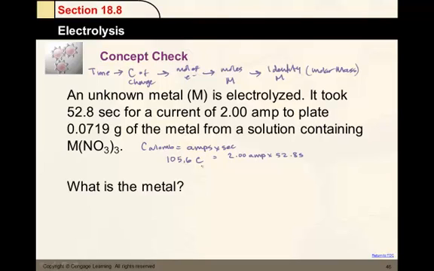Now, we know that 1 mole of electrons equals 1 Faraday, which, remember, is 96,485 coulombs.